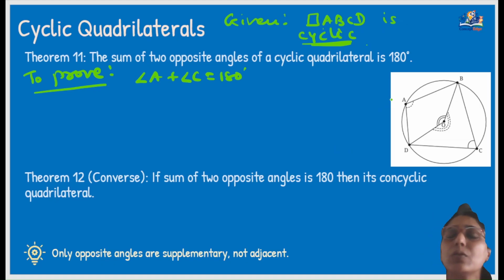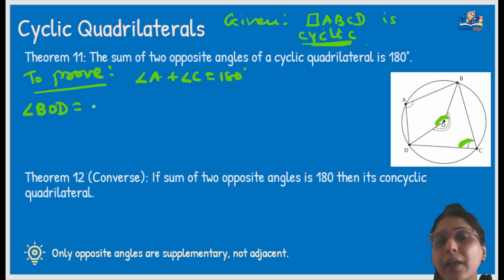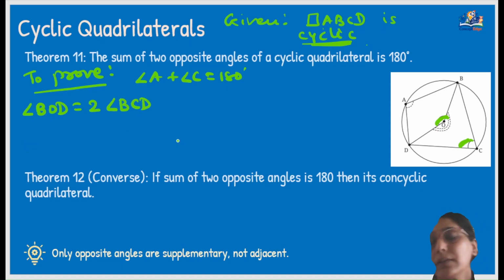So again I'll take the segment angle property. Thinking about this angle, we have the central angle and the segment angle. So angle BOD is 2 times angle BCD, correct?